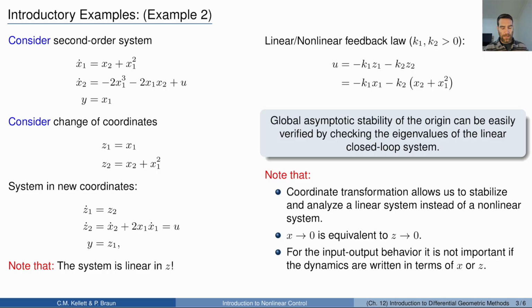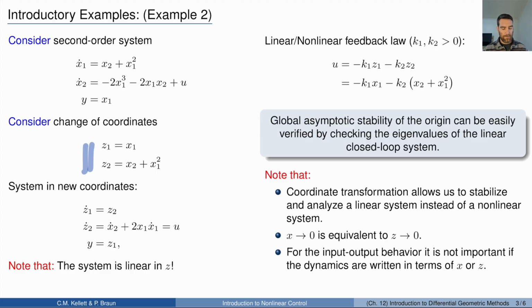So what we've done here is that we have defined a specific coordinate transformation going from x to z. This coordinate transformation, by selecting it in a specific way, meant we went from a nonlinear dynamical system to a linear system.